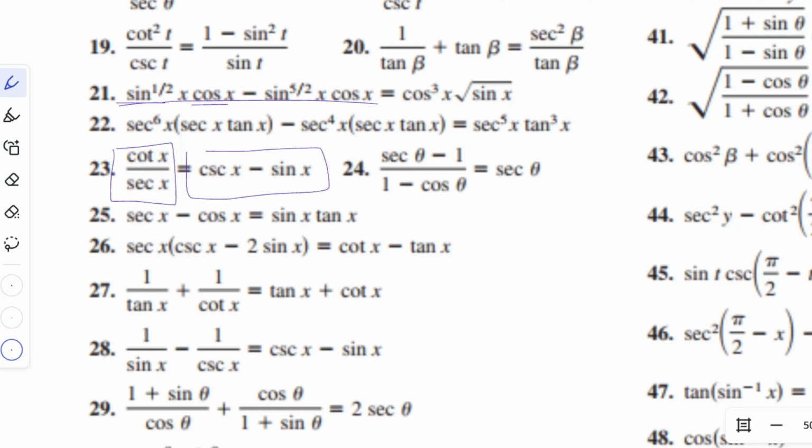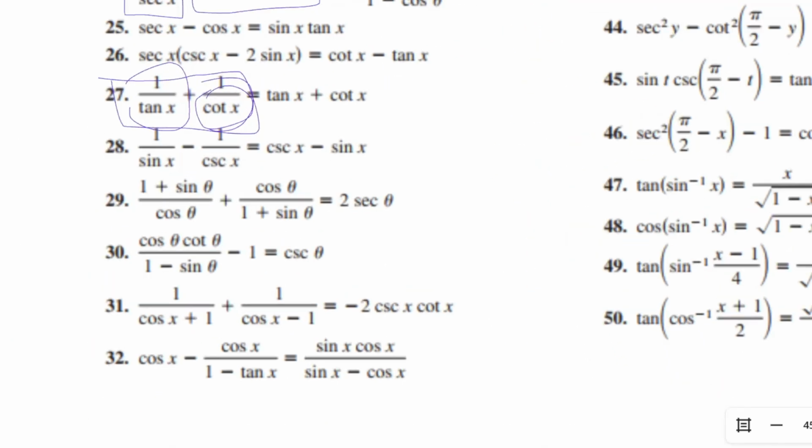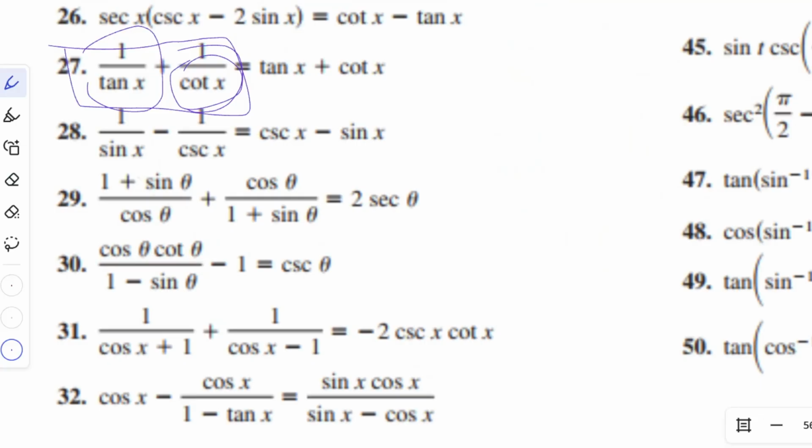So these are getting a little thicker, they're getting a little harder. Common denominator and add the fractions, I guess. Actually, it looks like that turns into cotangent, that turns into tangent. Okay, this looks crazy, but stick to the plan. If it's fractions, you're probably just going to go with a common denominator and just hope for the best. Who knows what that's going to look like. This one also, you're probably just going to do a common denominator.